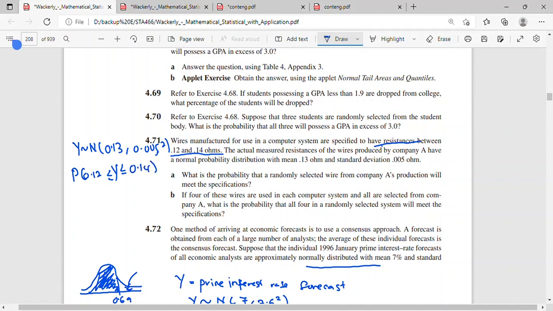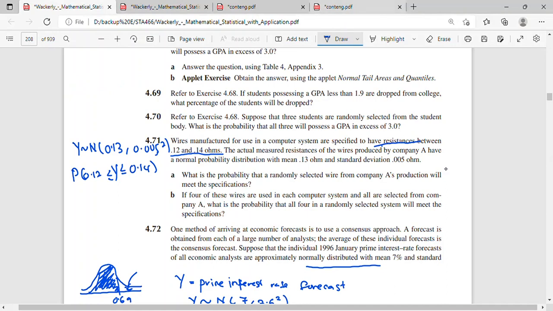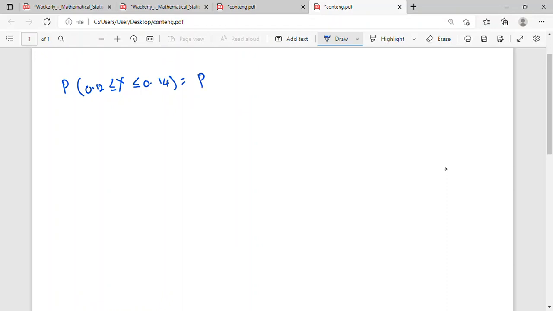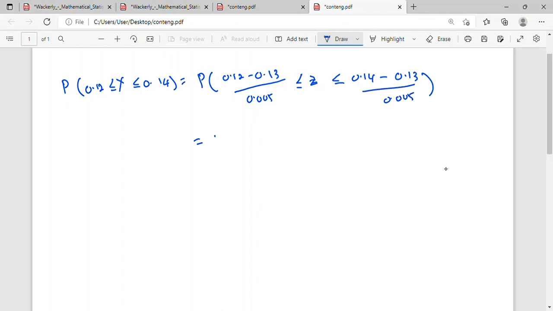So as usual, nak guna table, kena tukar dulu daripada Y kepada Z. Okay, untuk nak jawab soalan B tu kena jawab dulu A. So cuba calculate nilai P untuk A first. Okay, try to find the value first.